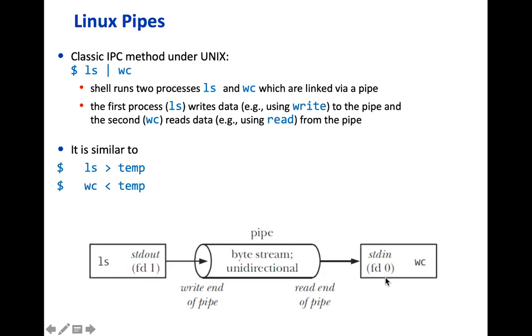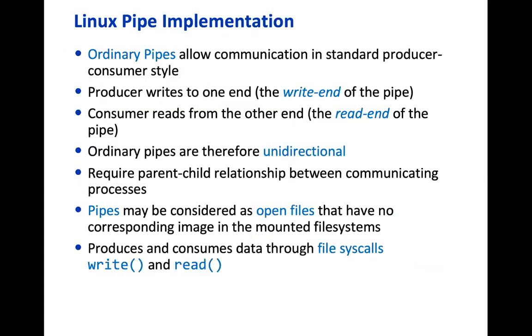So the standard input for word count is now the output of the pipe. Any question? No, sir. All right, simple. So it works in producer consumer fashion. These things are very clear.